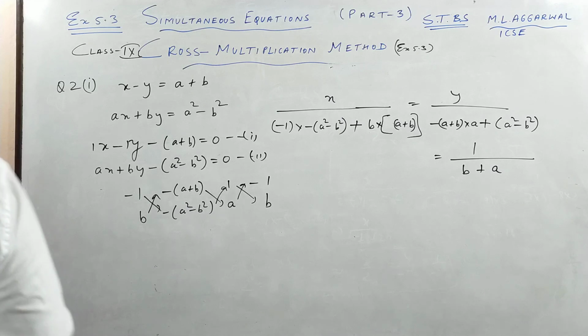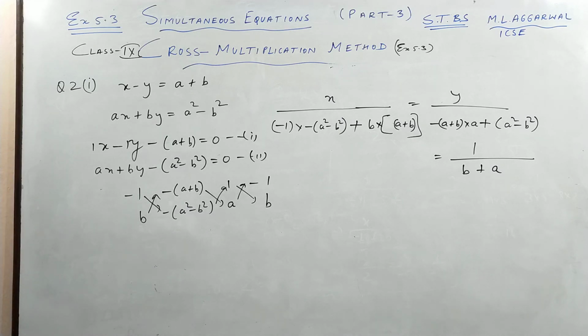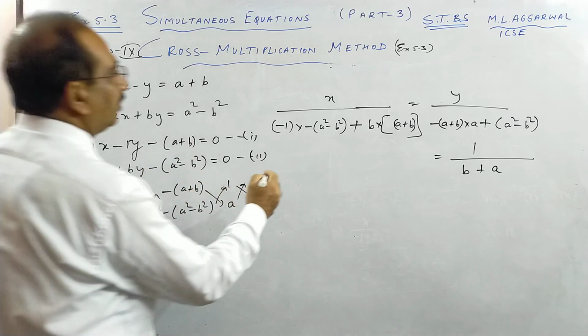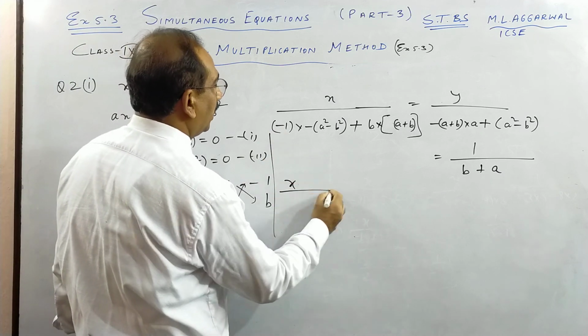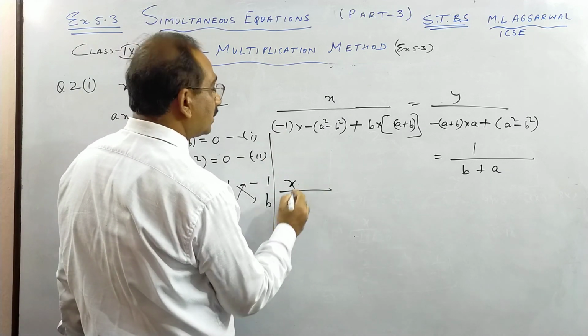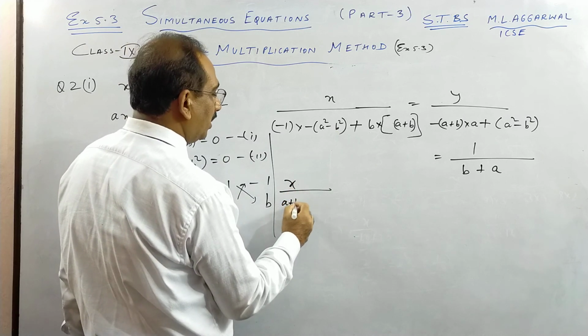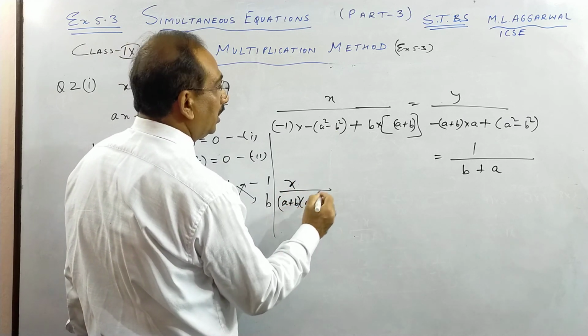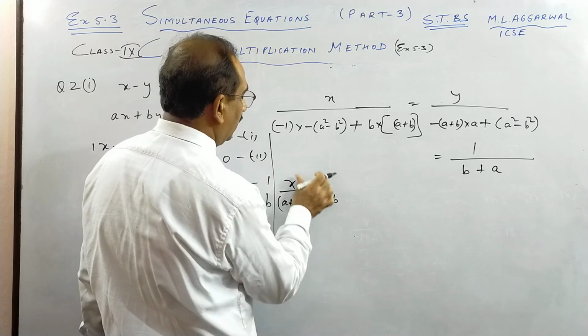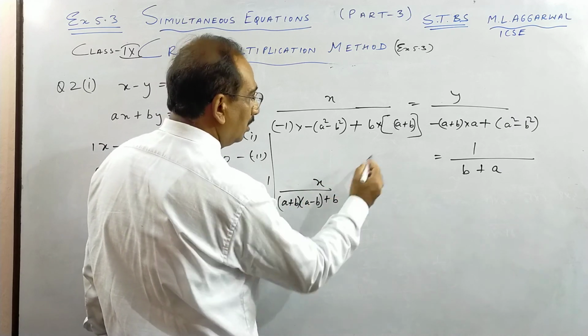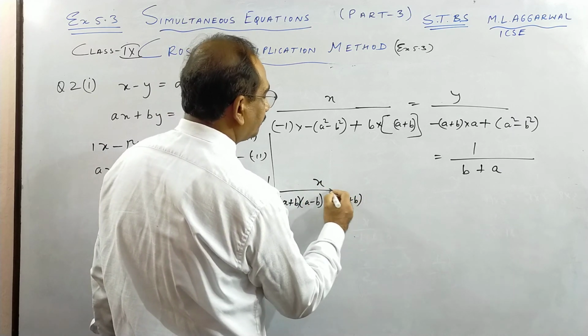So please check when we cross multiply whether we have got the right multiplication or not. So let us go ahead. Here we get x by minus plus a square minus b square is a plus b, a minus b, plus b by, write x in the middle, a plus b.